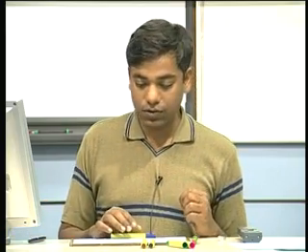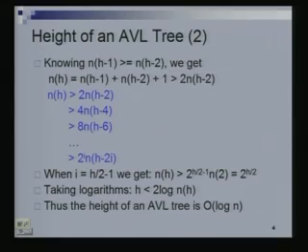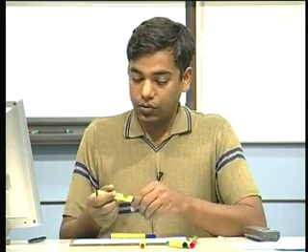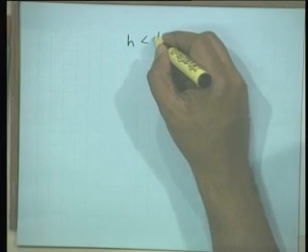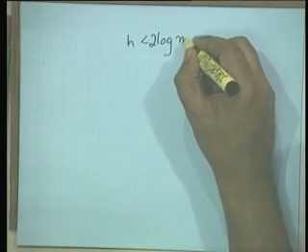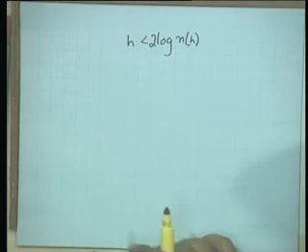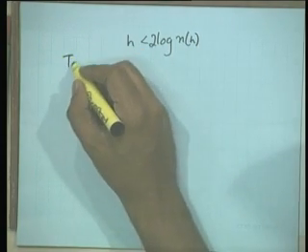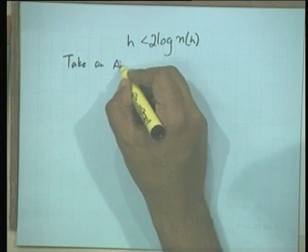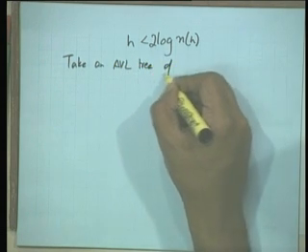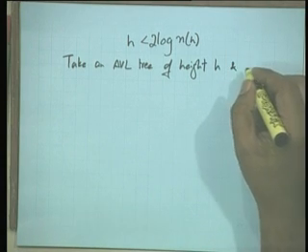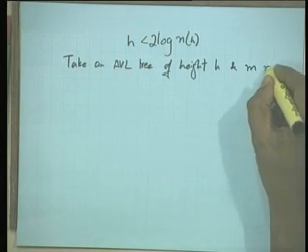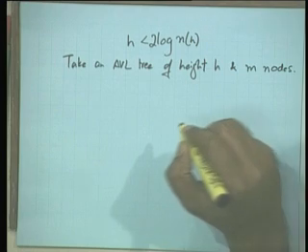If you are getting confused, let me just clarify this. So what we argued here was that h is less than 2 times log of n of h. Okay. Now take an AVL tree of height h and let us say, let me not call it n, let me call it m nodes.